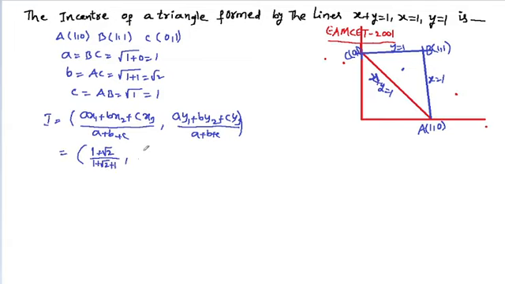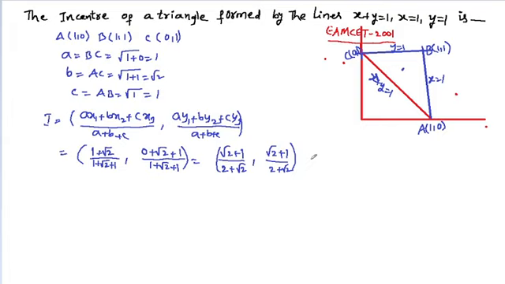Similarly the y coordinate gives root 2 plus 1 by 2 plus root 2. So the incenter is root 2 plus 1 by 2 plus root 2, comma root 2 plus 1 by 2 plus root 2.